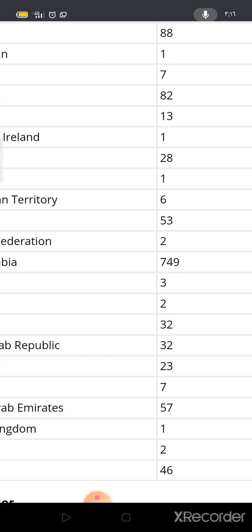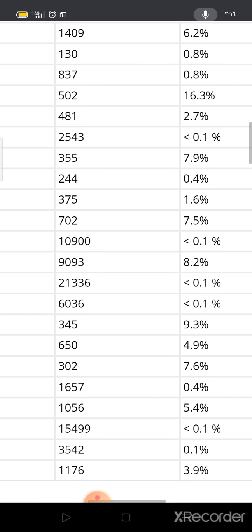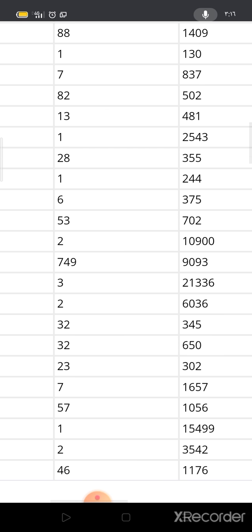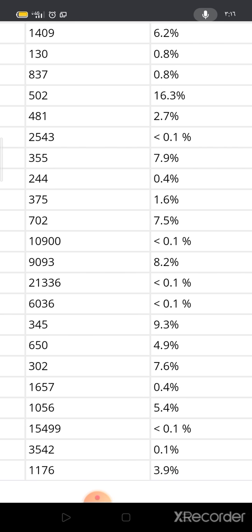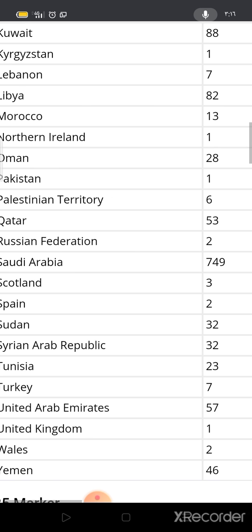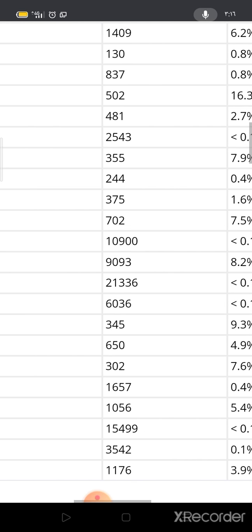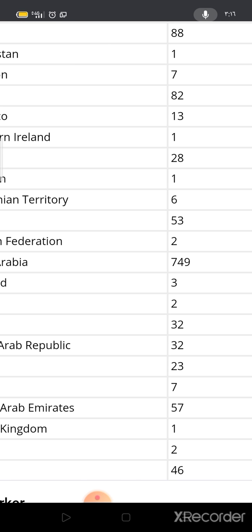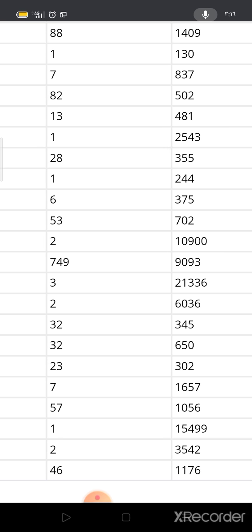Yes, my country is Sudan. 9.3% from Sudan, 32 people from 345. Okay, and I have 8.2% Saudi Arabia, 749 matches from 9,093.